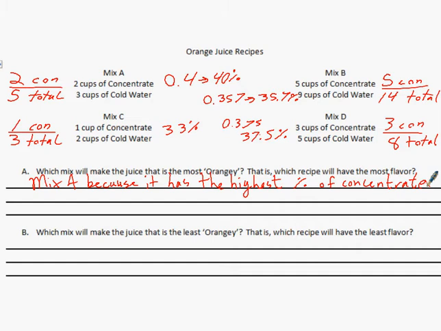We don't have to redo any math, that's just the one that has the lowest percent, which is mix C. So, mix C, because it has the lowest percent of concentrate.